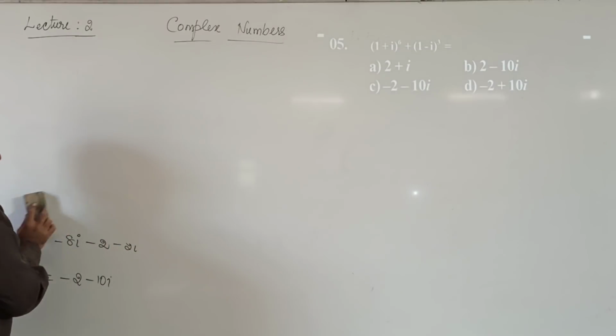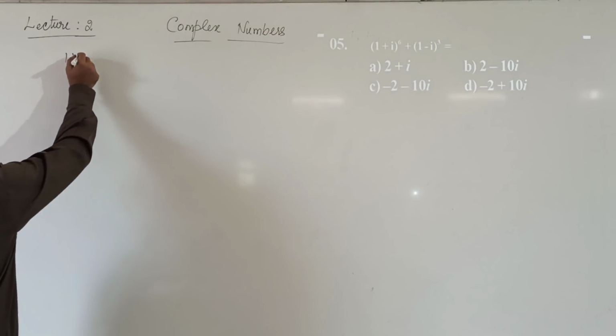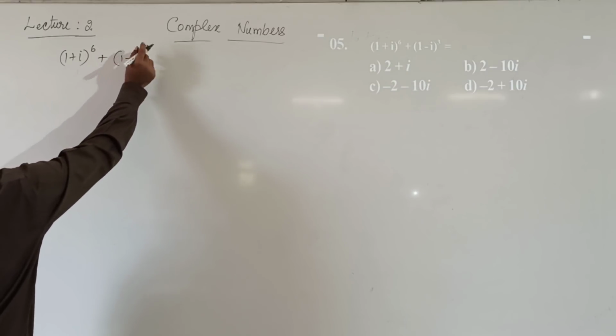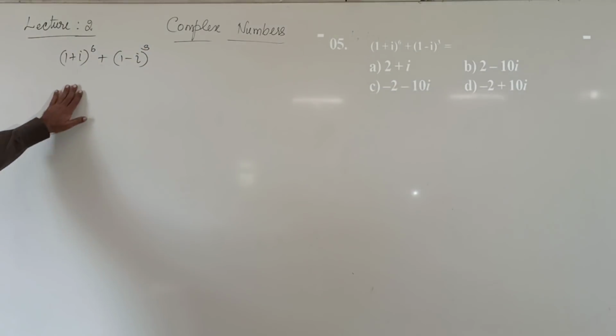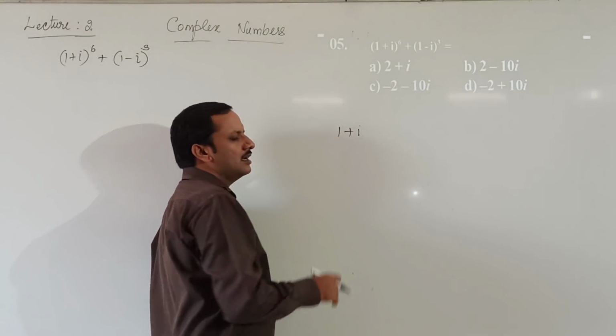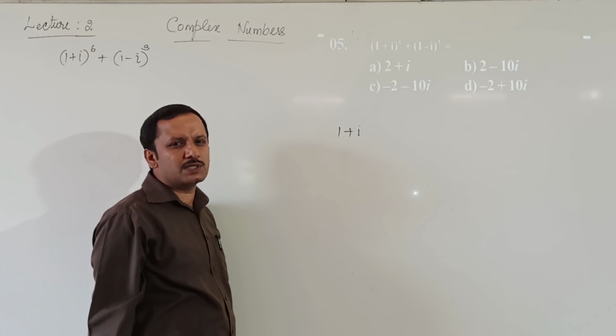Okay. So I told you, I'll give you one more method also. You want (1 plus i) whole power 6 plus (1 minus i) whole cube. I'll write 1 plus i in polar form. What is the modulus of this? x is equal to 1 here, y is also 1. So modulus is equal to root of x square plus y square.